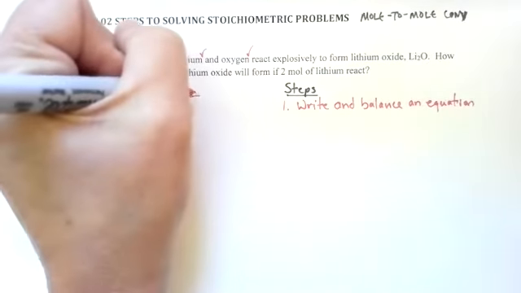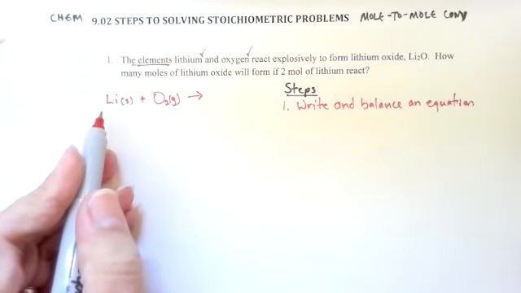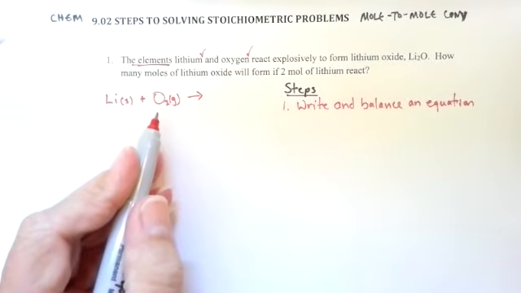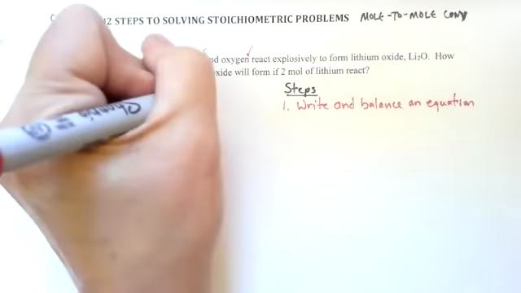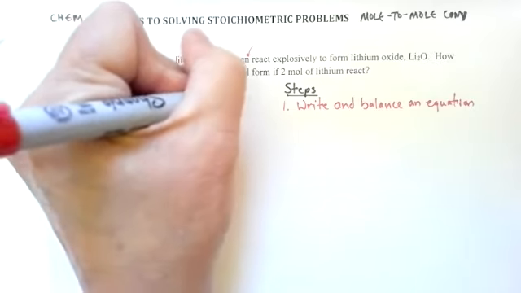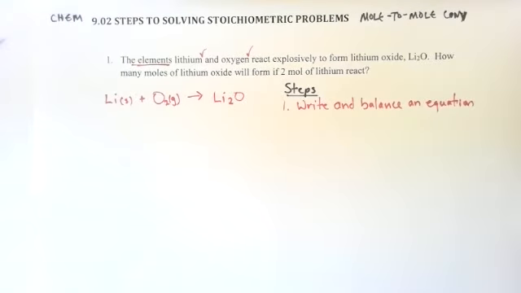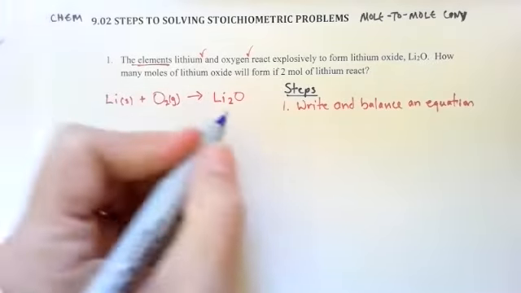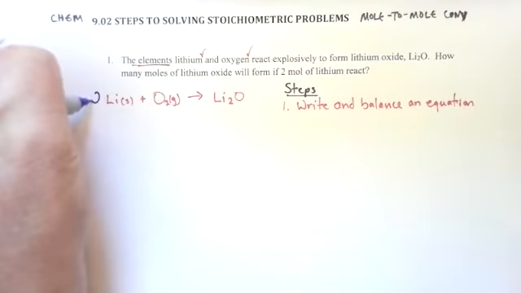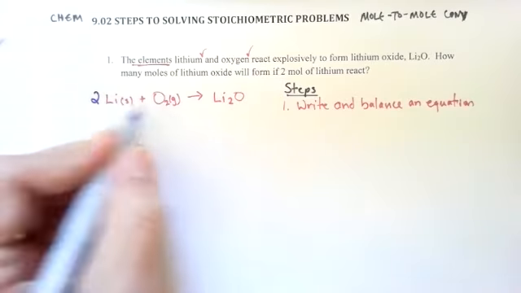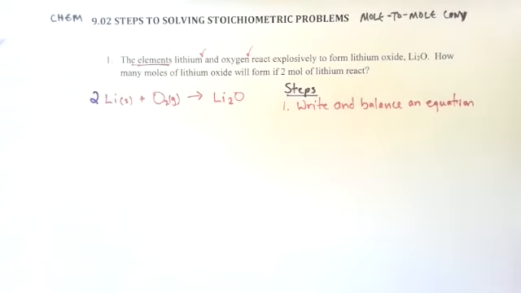And it tells me that lithium oxide, lithium's +1 when it forms an ionic compound, and oxide becomes -2. So my formula here is Li2O, but I need to balance. I've got 2 lithium on this side, so I want 2 here. Whoops, I did that backwards.